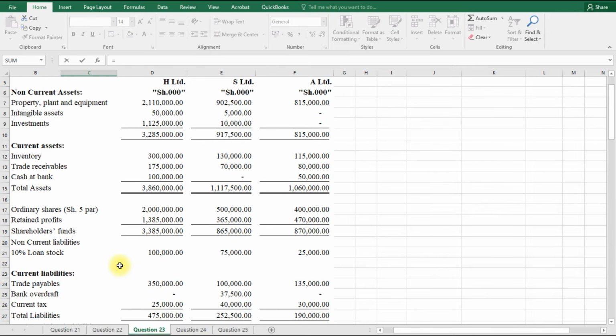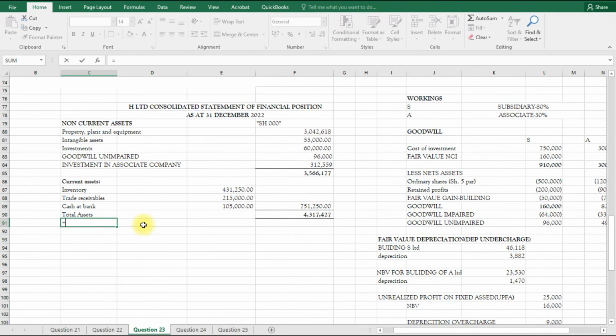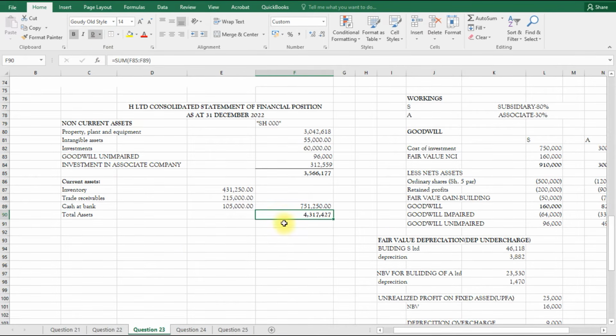So just go directly to equity. Here you can use both double lines, to use that for double line for that. Equity and liability.